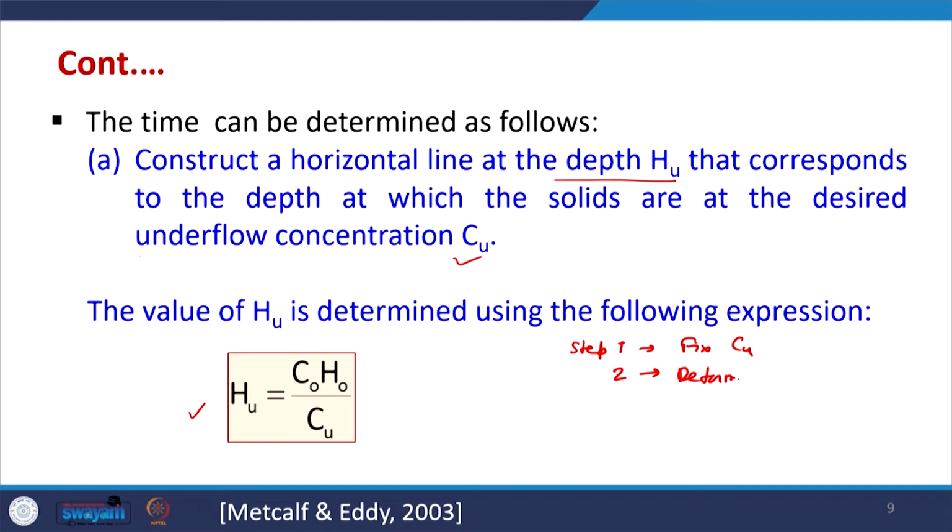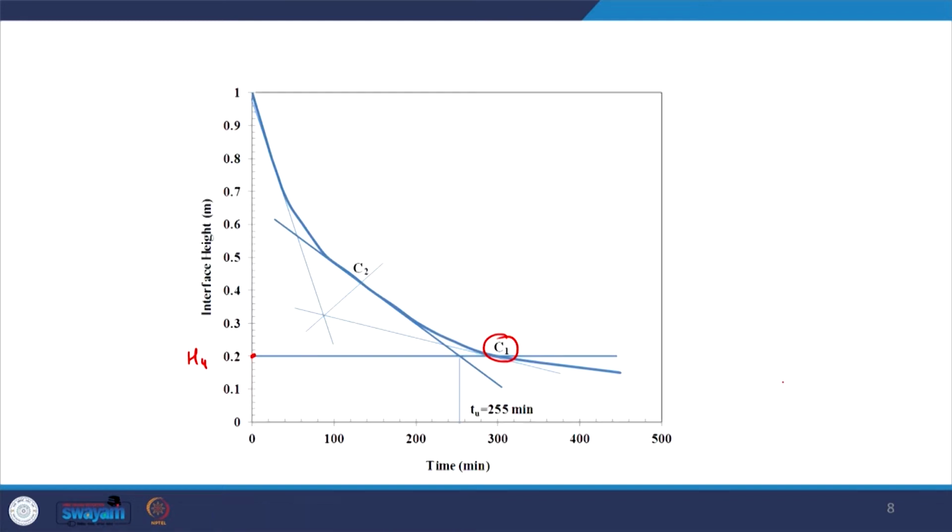We can determine Hu using this equation which is given here. So, C0 is the initial concentration, the total height is already known to us, and Cu, the underflow concentration, we have already fixed. So, Hu we can find out. So, in the curve, Hu will be this point.